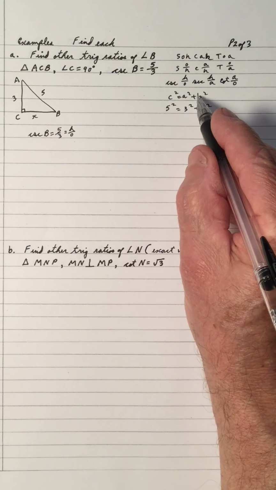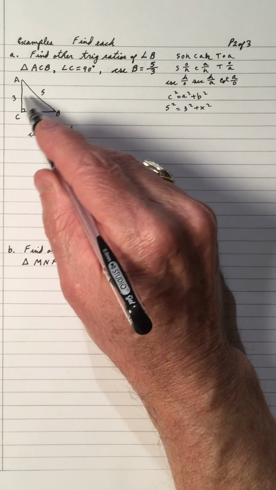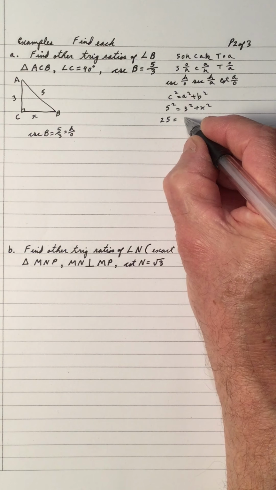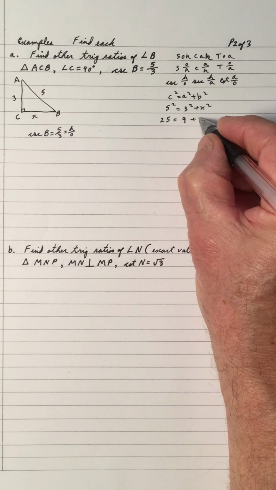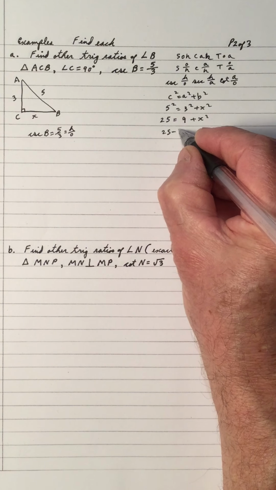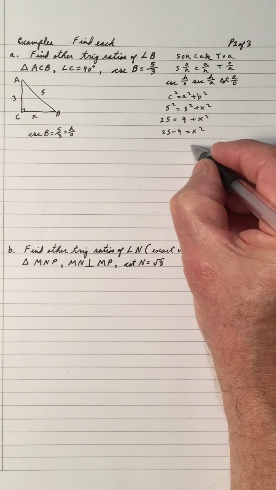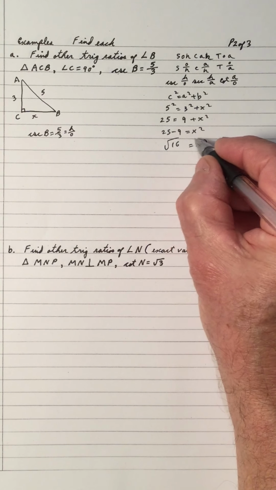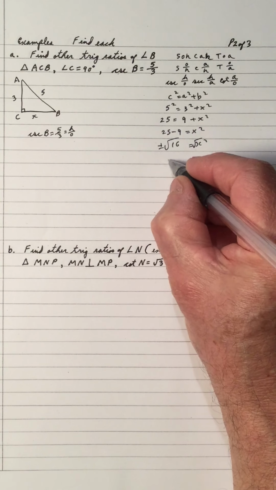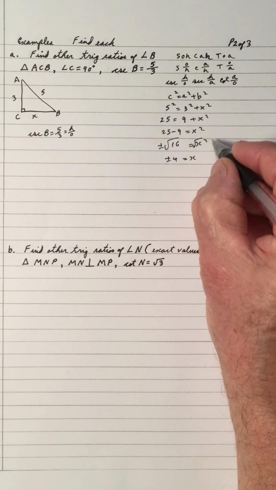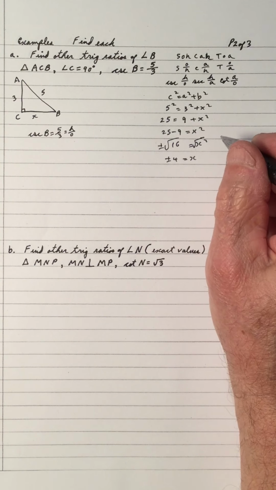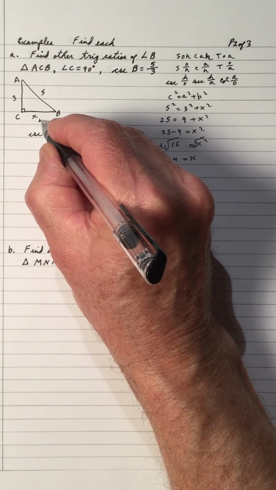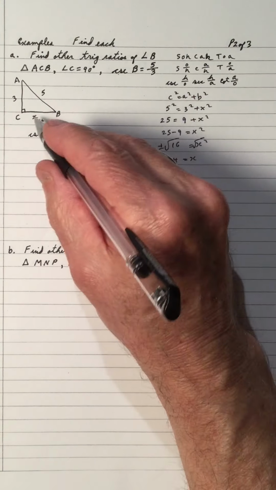This property is used in a right triangle to find the lengths of the sides. 5 squared is 25, 3 squared is 9, plus x squared. 25 minus 9 is x squared, so x squared equals 16. When we take the square root of each side, we get plus or minus 4. The square root of x squared is x. So this other side, CB, is 4, because we can't have a negative length.